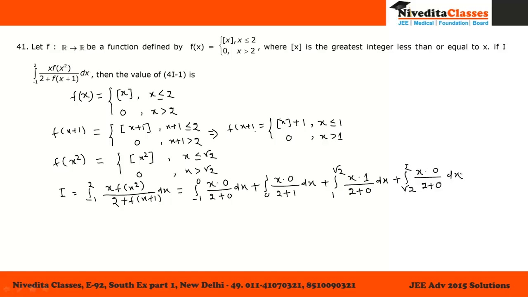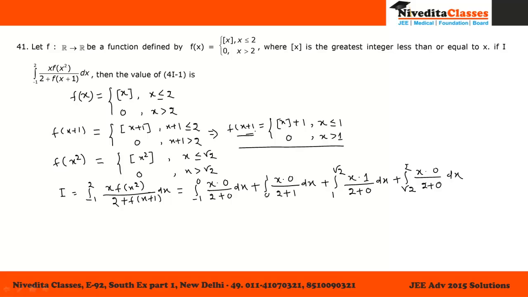Why does this happen? Because here we know f of x plus 1 is g(x plus 1) where x is less than or equal to 1 and 0 where x is greater than 1. When we integrate from minus 1 to 0, the value of f of x plus 1 is 0 and g(x square) is 0.